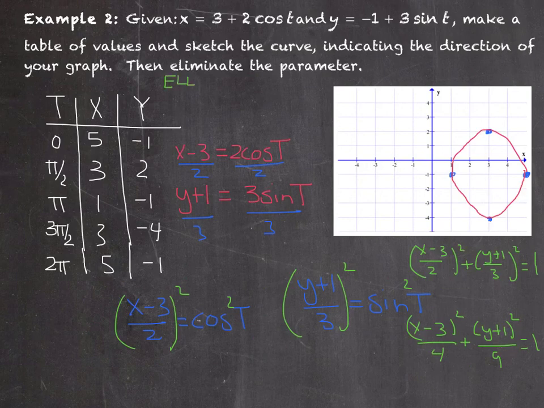This is going to be an ellipse centered at (3, -1), and it has an x radius of 2 and a y radius of 3, because those are the square roots of these numbers right here.